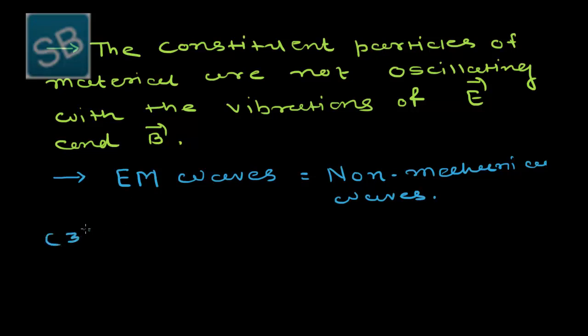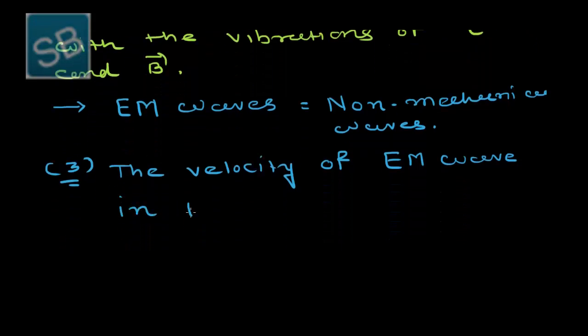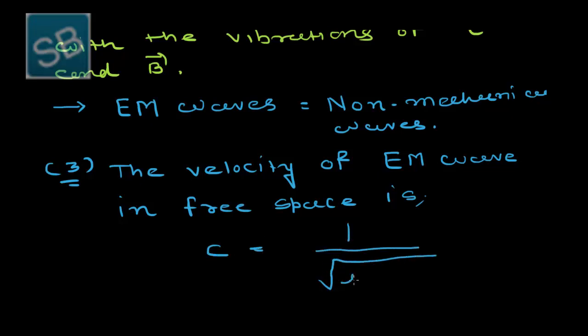The third point related to the characteristic is given this way. The velocity of electromagnetic waves in free space is given by small c is equal to 1 over under root mu 0 epsilon 0.